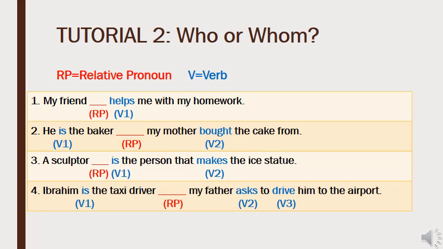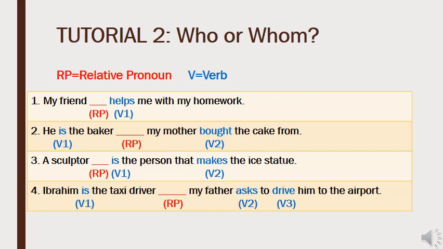Sentence number 2. He is the baker my mother bought the cake from. There are 2 verbs in this sentence. The first one is "is". The second one is "bought". Is is the first verb and bought is the second verb.